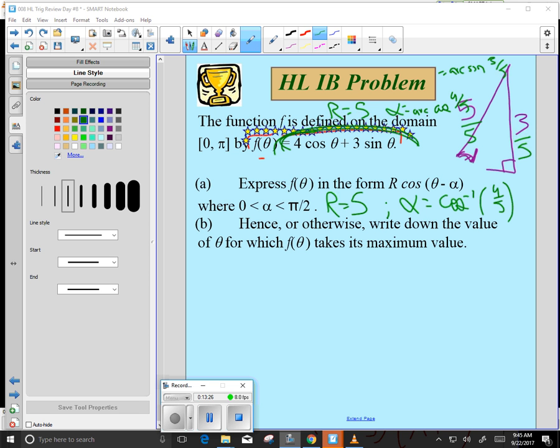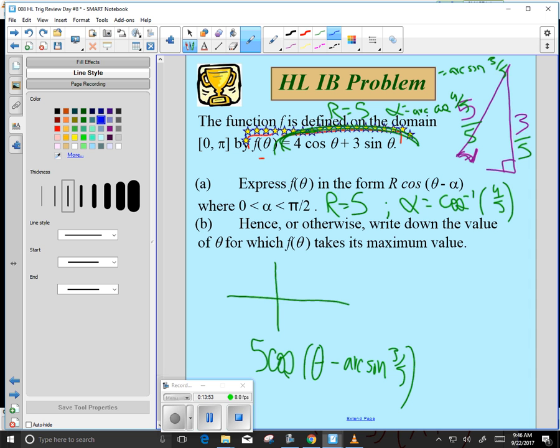Now it says, write down the value of theta for which f of theta takes its maximum value. I love this question. Remember we had 5 cosine of theta minus arc sine of 3/5. Hence or otherwise, write down the value of theta that gives the maximum value.